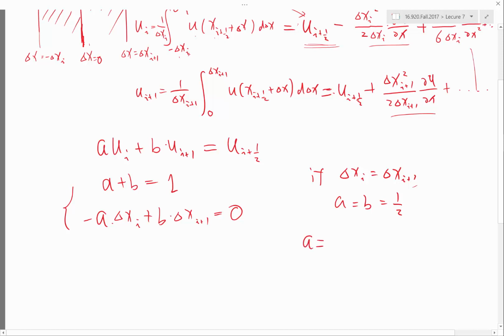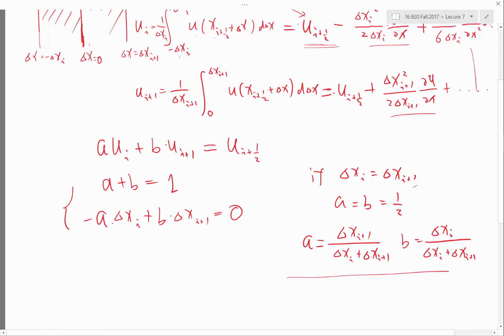So a should be delta xi plus 1 over delta xi plus delta xi plus 1. B would be equal to delta xi divided by delta xi plus delta xi plus 1. So it's a weighted average where the weights are proportional to the size of the other volume, right? If I have a smaller width, then I'm going to be weighted higher because the center of the volume is actually closer to the interface.